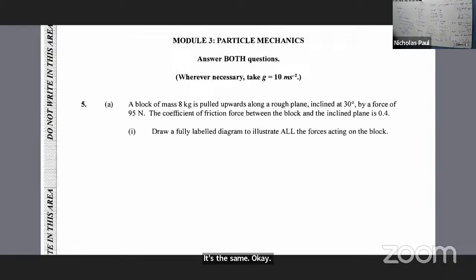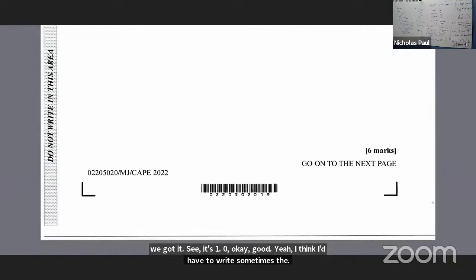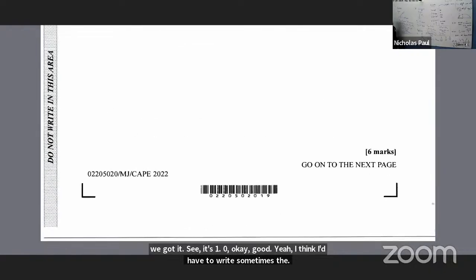Oh wait, gravity is what? Oh, okay, good. You've got to pay attention, right? Sometimes they use gravity to tell. Let's see if we get a diagram.